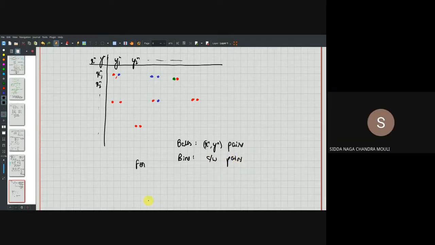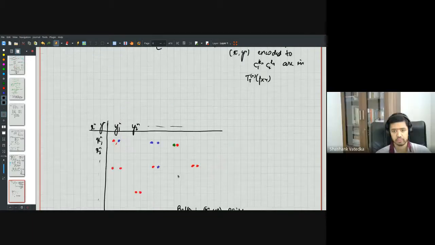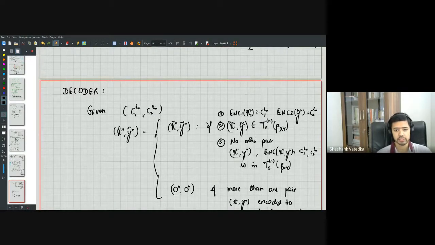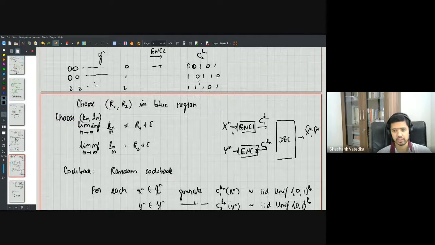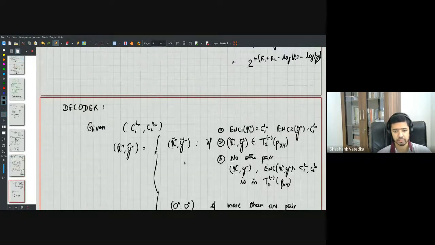Sir, can you once more explain how the decoder is decoding the code pairs? Okay. So the decoder will first see a pair of code words, right? So this is the model. xn is compressed to some c1, yn is compressed to some c2. The decoder sees this particular pair, c1, c2, so it's some pair of binary sequences.